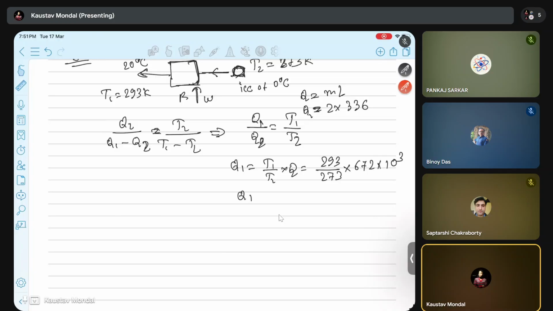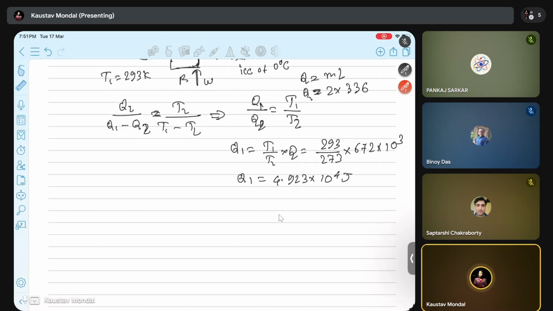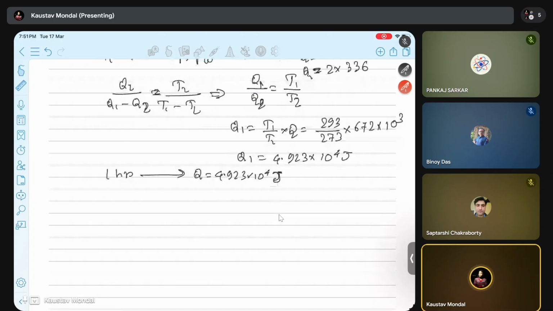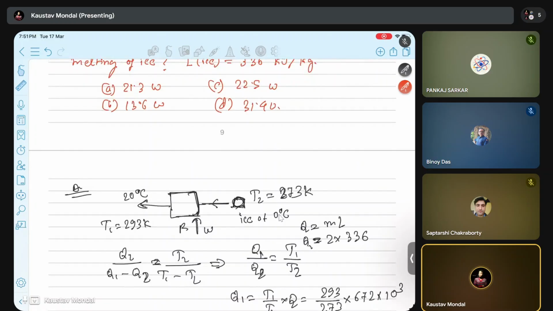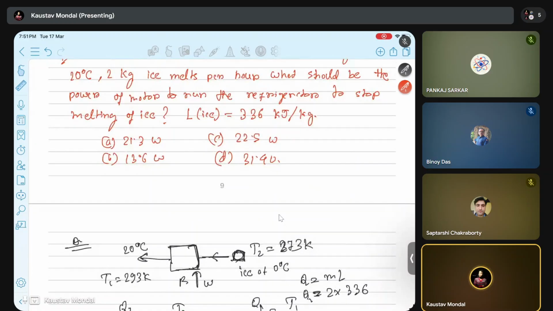If you calculate it, Q1 is 4.923 into 10 to the power 4 joule. So in 1 hour this is the heat you have to pull out. Now, as the options are in terms of power, you have to calculate this thing in terms of power.